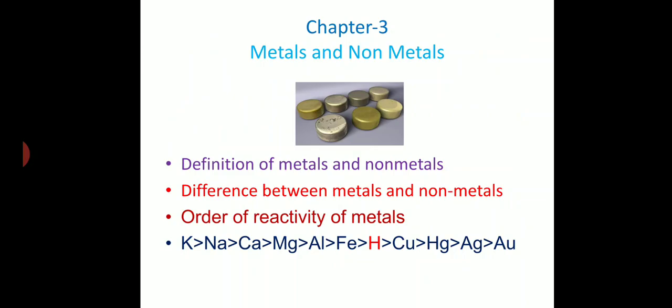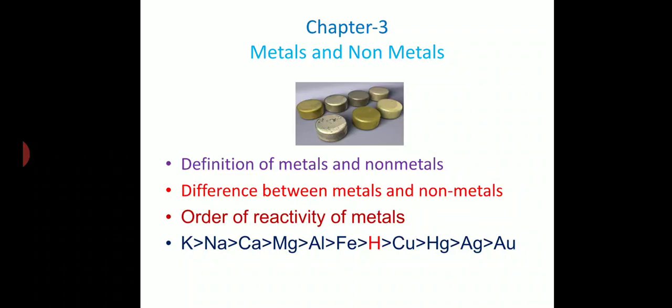If I ask you to define metal, you may say metals are hard, shiny in appearance, of high density, malleable, ductile. Yes, you are correct. But what is the exact definition of metal? Metals are the elements which have a tendency to lose electrons, whereas non-metals are the elements which have a tendency to gain electrons, right?